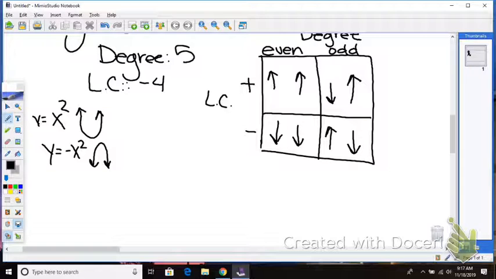To figure out which one goes which direction, I read it like a book, left to right. So if I look at this one, it's starting down and it's ending positive because it has a positive leading coefficient. This one is starting up and it's ending negative. When I go left to right, it's ending negative, so that's a negative leading coefficient. So that's how I remember it. You can remember it however you want.